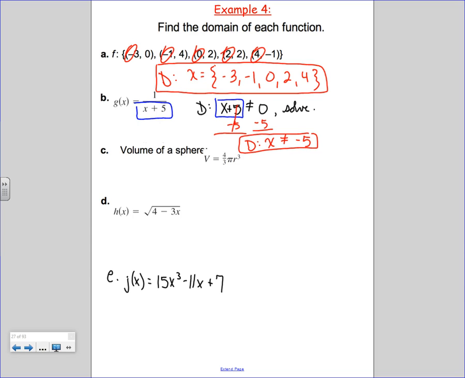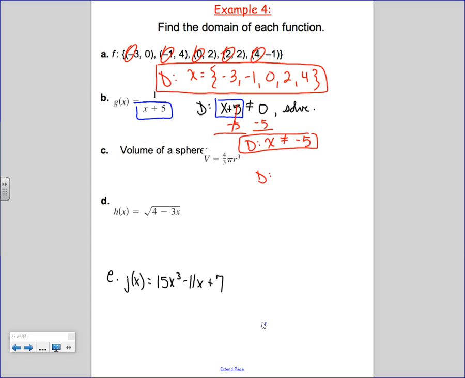What kinds of numbers would it make sense for a radius to be? Or maybe better yet, what kinds of numbers would it not make sense for a radius to be? Negative, yeah. Radius is just a measurement, like with a ruler, it's not positive or negative. Okay, so R can't be negative, but what else could R not technically be and still make a sphere?